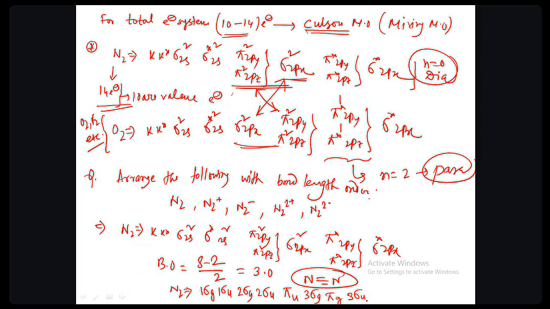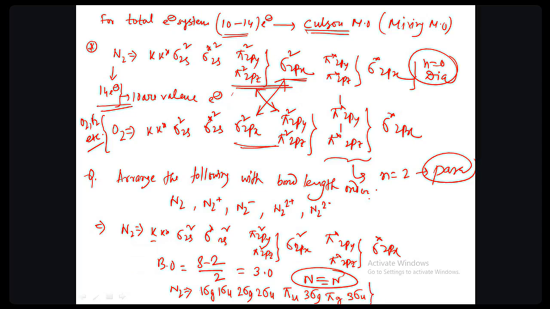You can write that way also. Because you see that K means 1 sigma, first 1s orbital, K star u. Sigma 2s means g. Sigma star 2s means u. Again pi bonding means u. Sigma 2px means 3 sigma g. Pi star anti-bonding means pi g. And sigma star means 3 sigma u.